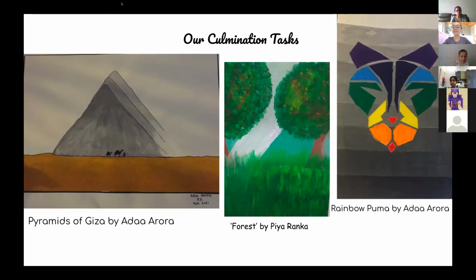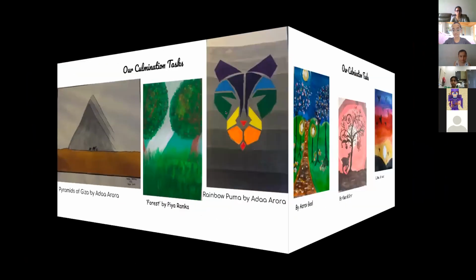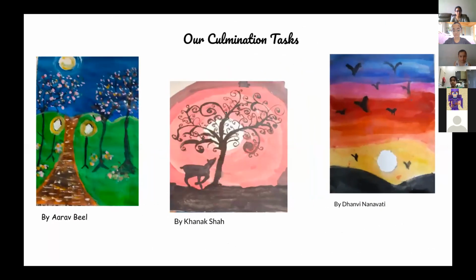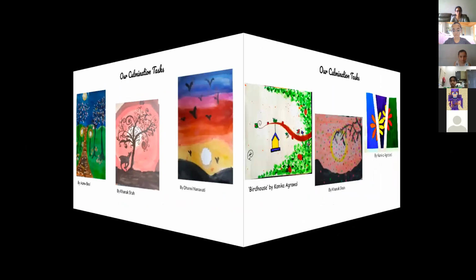So, ma'am, other people also requested some paintings to be put in there, but they have not shared the paintings they did in the classwork, like the contrast, the color cards, and all. They only wanted some culmination tasks, so we have added. Okay. Very nice. That's good. Nice. I think the class has done a very good job.